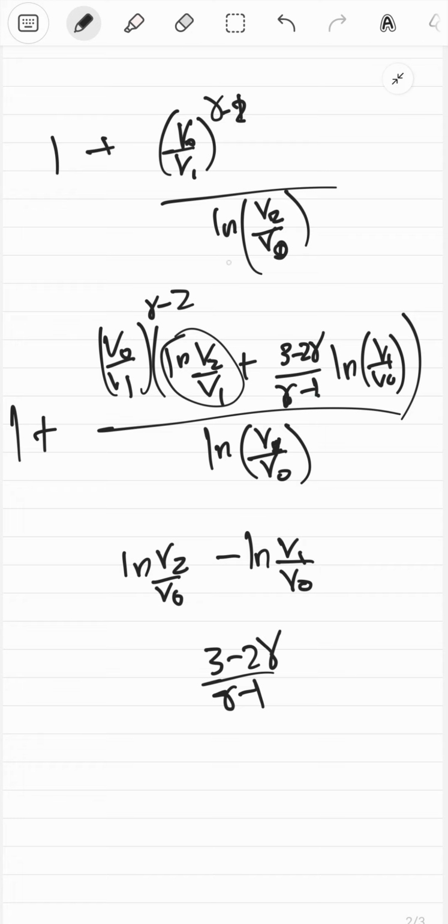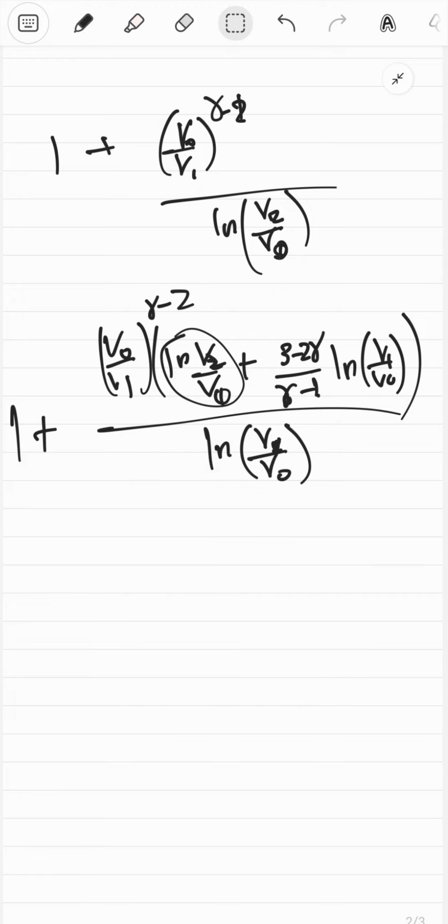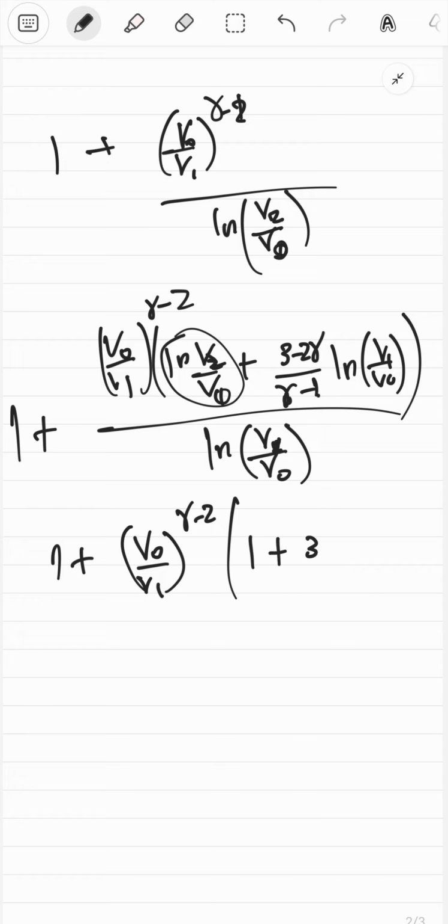And now you can just convert this whole thing as v2 upon v0. Cool. Yeah, that makes perfect sense. And now you can use that. So just like 1 plus p naught upon p1 power gamma minus 2, and this just becomes 1 plus this factor 3 minus 2 gamma upon gamma minus 1 natural log of v1 upon v naught.